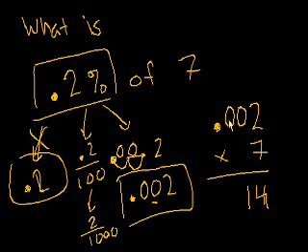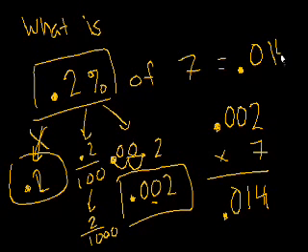And how many total digits do we have behind the decimal point? Let's see. It's 1, 2, 3. So we need 1, 2, 3 digits behind the decimal point. So 0.2% of 7 is equal to 0.014. And you're probably thinking, boy, that's a really, really small number.